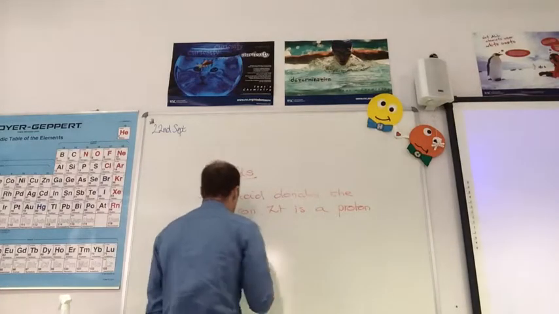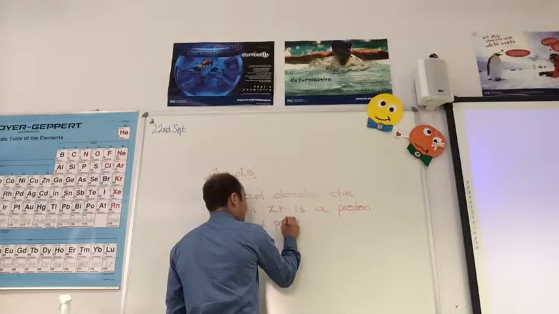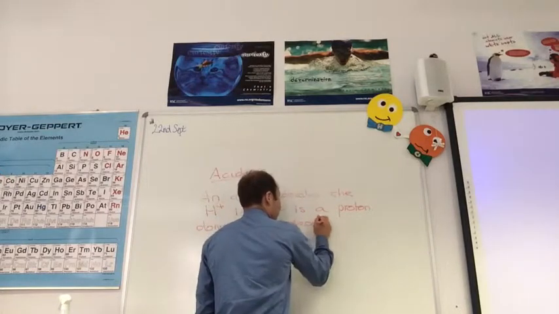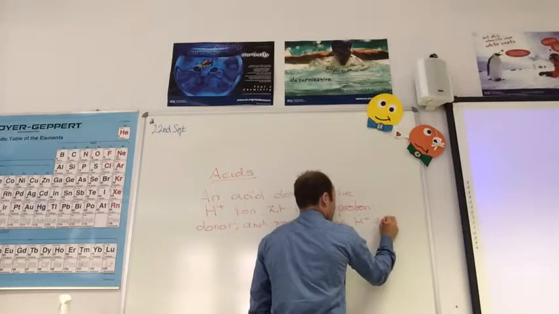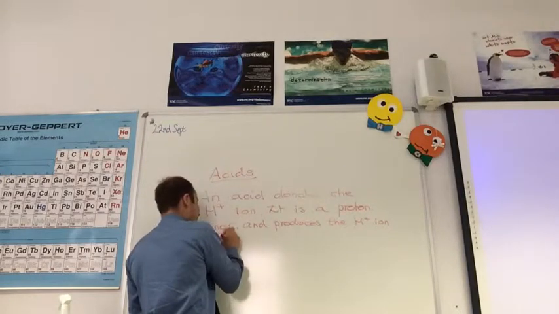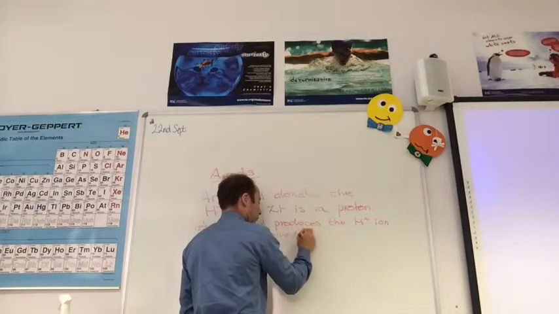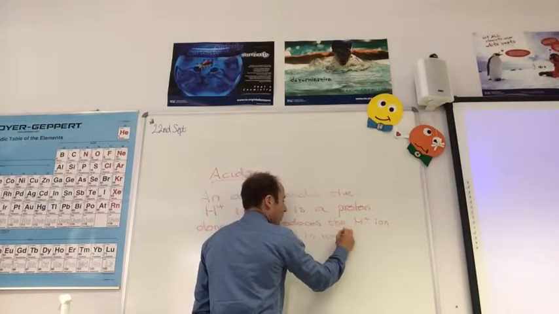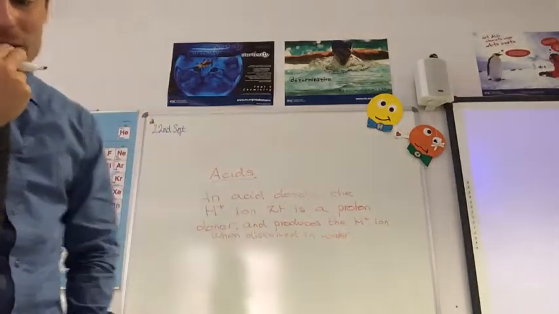It's a proton donor and produces the H plus ion when dissolved in water. So if it's dissolved in water, it produces H plus, and actually that's how I get pH.